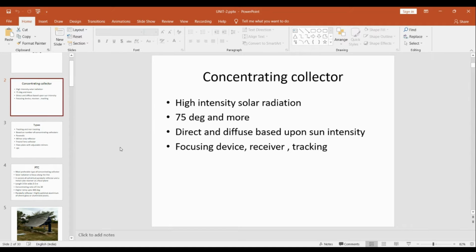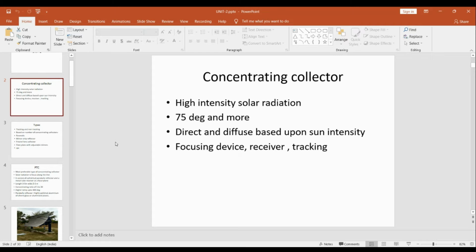Okay, right. So concentrating collectors, high intensity solar radiation. As I told, it will absorb the high intensity solar radiation, and it will give the result as quick as possible than the flat plate collector. Okay. And it will absorb the direct radiation as well as the diffuse radiation.